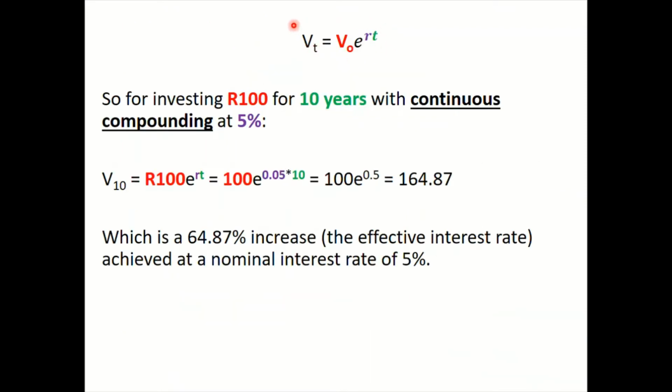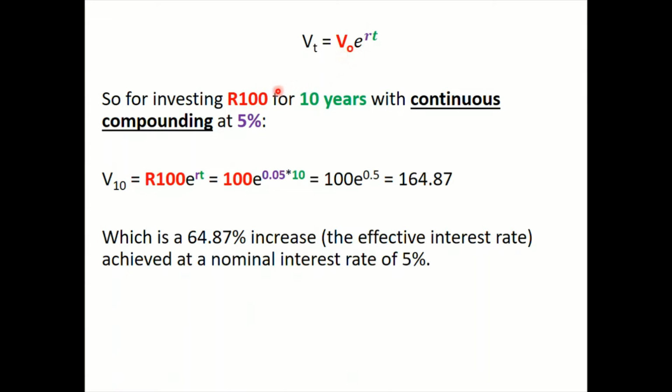So working now with an example, we have our formula that we looked at on the previous slide. If we assume we are investing 100 Rand for 10 years with continuous compounding at an interest rate of 5%, it's quite straightforward. We need to take these values and plug them into this formula here.